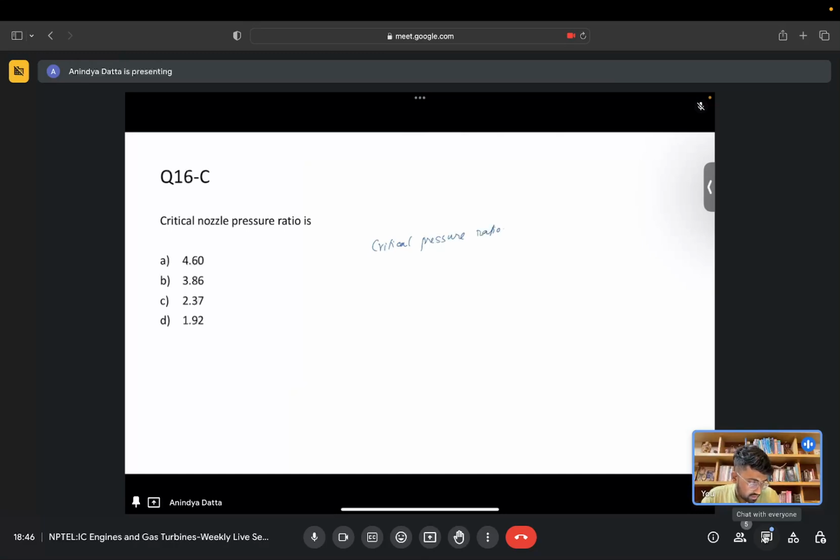The ratio is P04, the stagnation pressure at the exit of the nozzle, divided by PC, the critical pressure if the flow is sonic. So that is 1 by 1 minus 1 by eta nozzle times gamma G minus 1 by gamma G plus 1, whole to the power gamma G by gamma G minus 1.